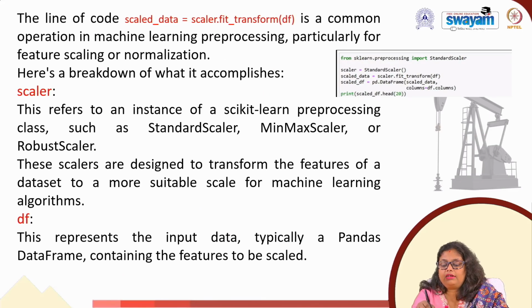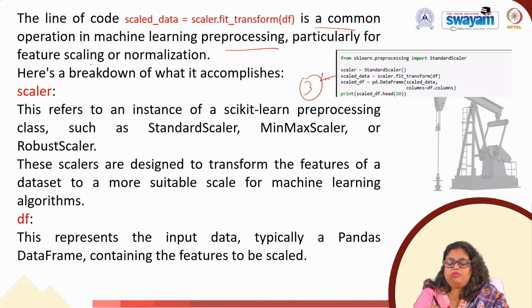Moving on, we reach the third line of code, scale_data equals scaler.fit_transform(df). It's a common operation in machine learning preprocessing, particularly for feature scaling or normalization. Here is the breakdown: the scaler, and then fit_transform. Talking about the scaler first, this refers to an instance of a scikit-learn preprocessing class.